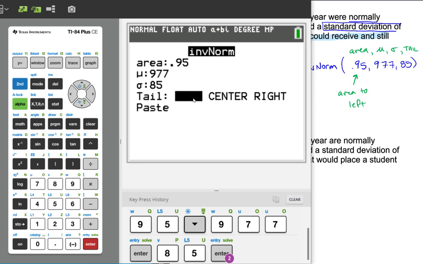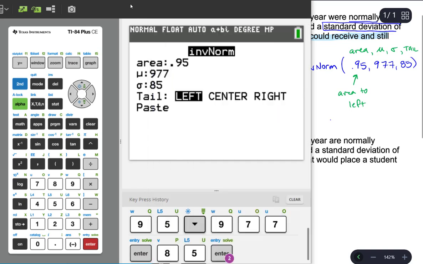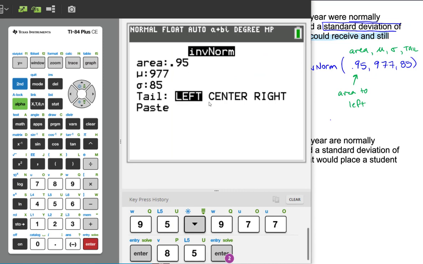It will always assume the tail is to the left. And then what you have to do is, if you're given an area to the right, you have to convert it into an area to the left. So if there's 5% to the right of x, there's 95% to the left. So that's what you would have to do.